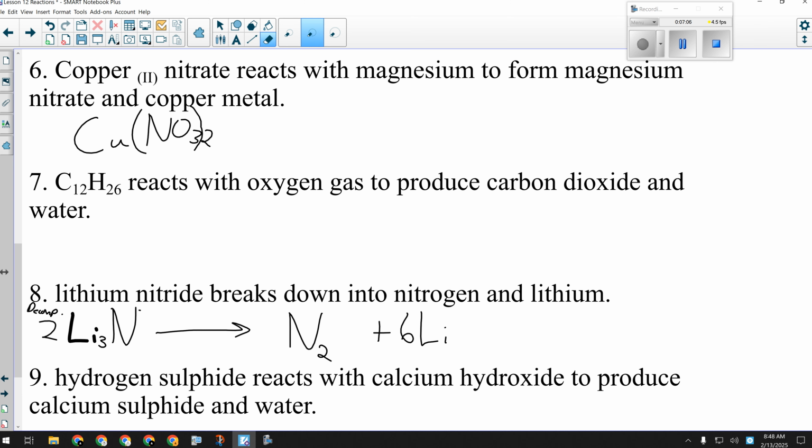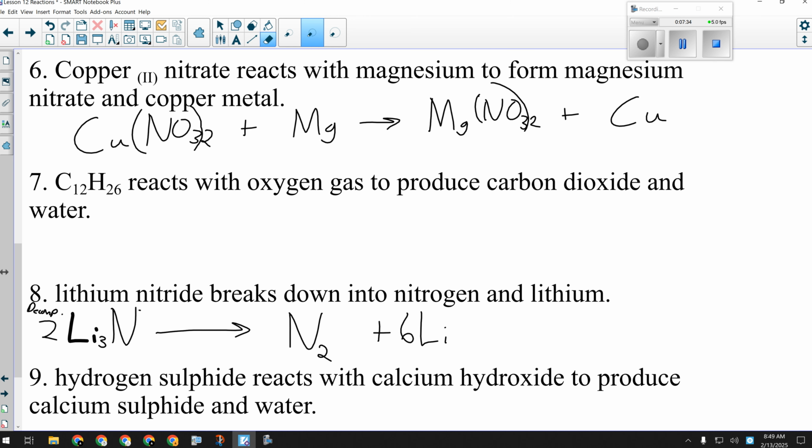It is reacting with magnesium, so just Mg. And that is going to form magnesium nitrate, so Mg, it's a 2 plus with nitrate, a 1 minus. Drop and swap, the 1 goes here, the 2 goes here, so it's kind of the same as on the other side, plus copper.